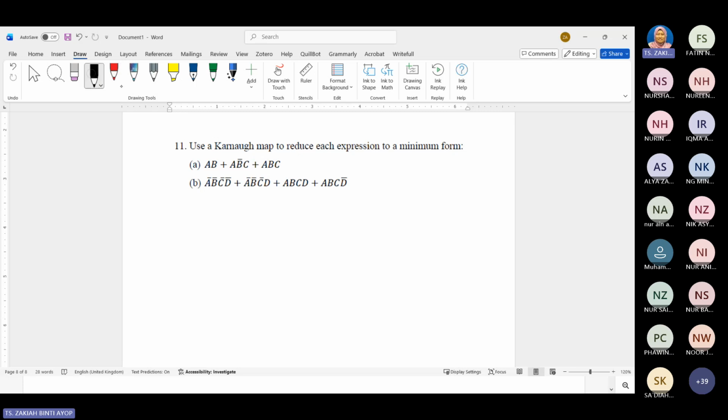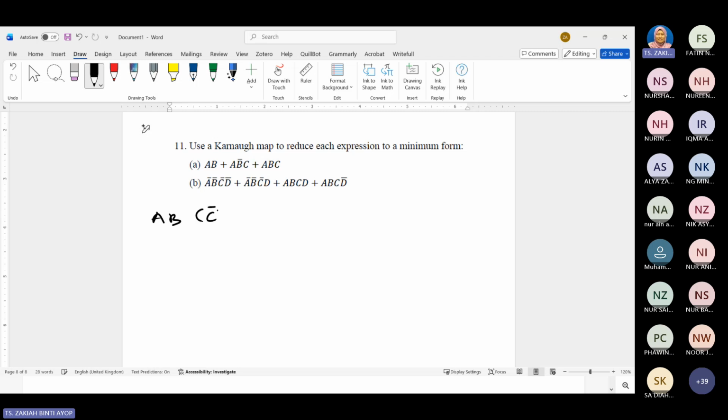So what you can do is convert this, because you have how many inputs? A, B, C, right? So you only have 3 variables. But for the AB here, AB can be what?